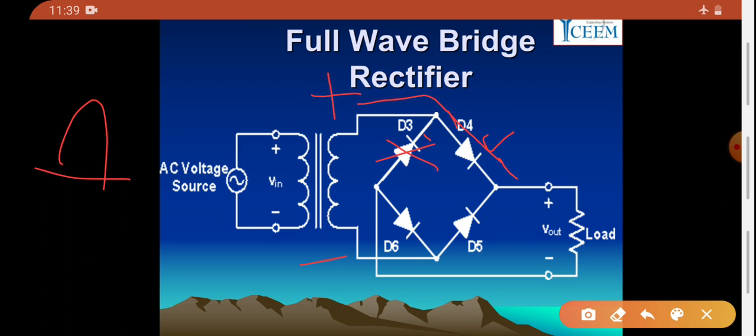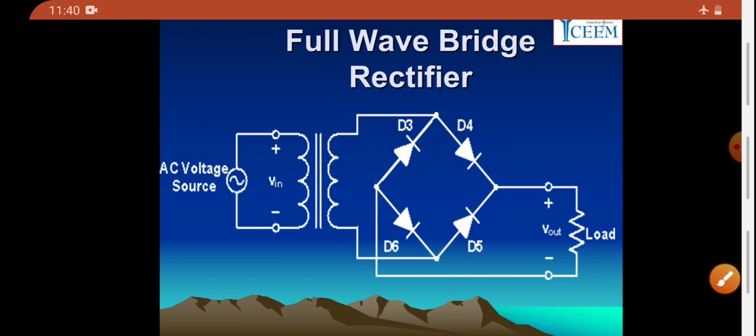Now D5, whose cathode is connected with positive, is also off. So current will flow through this load in this direction, through diode D6 and up to the negative terminal. This will be the current flow. I will repeatedly show the current flow.